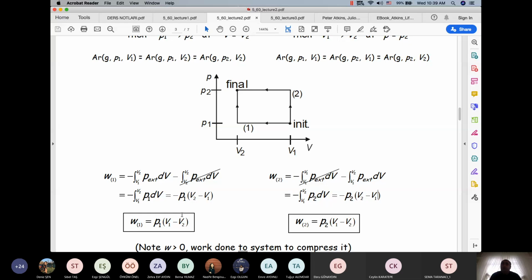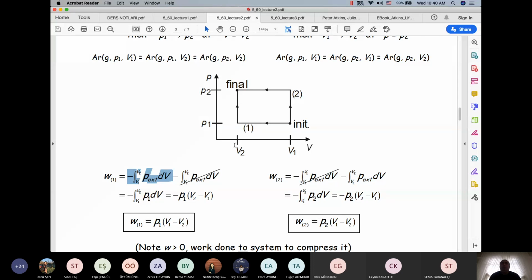In the first case, let's look again. I'm going from here to here initially, so I'm lowering the volume by the external pressure of P1, which is this part. And I am going from here to there at constant volume. This is 0 because there is no volume change.